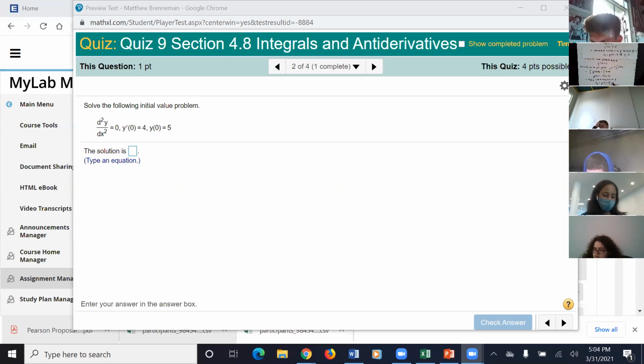So of course, this tells me that c2 is equal to 5. And finally, I just plug the value for c2 in. And that's my final answer.